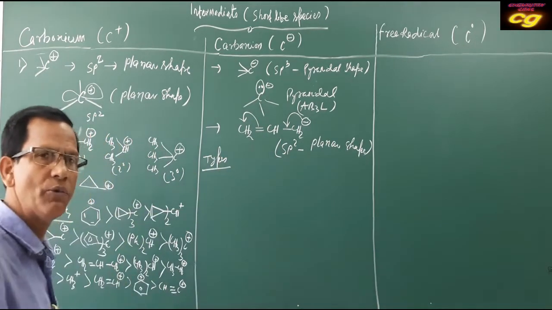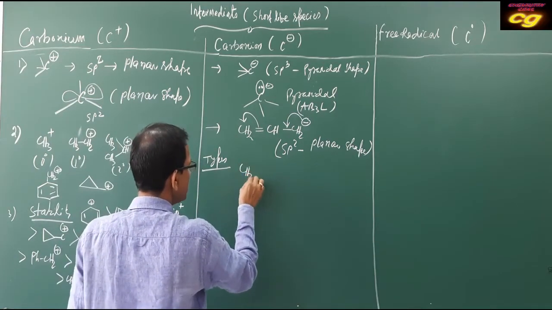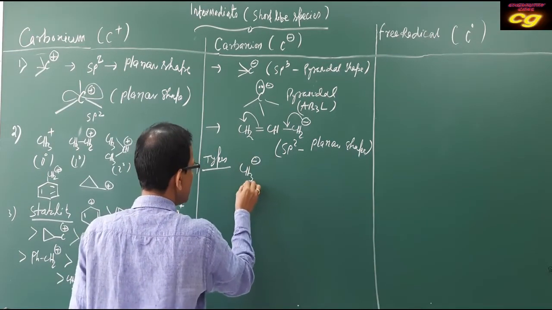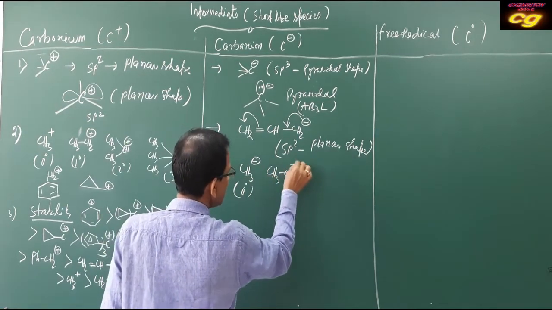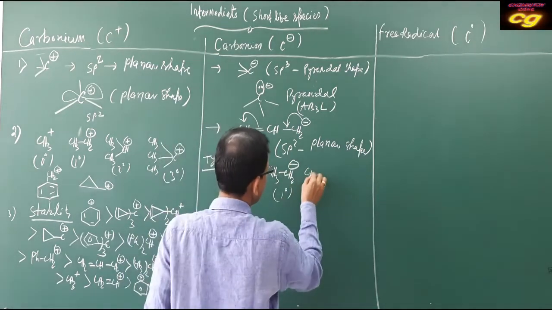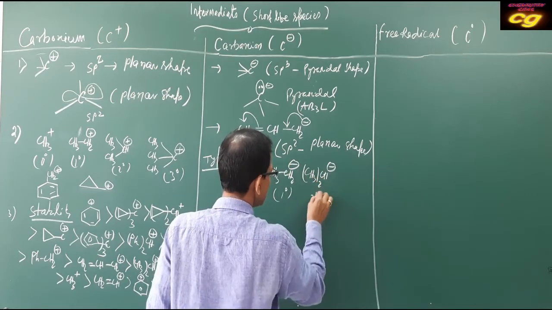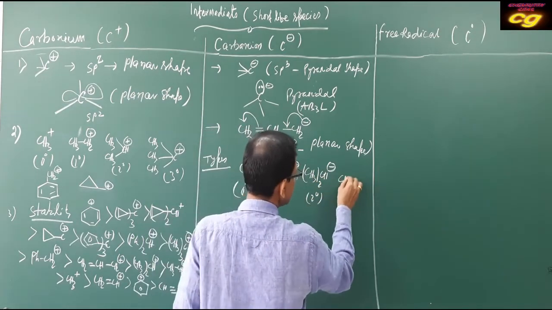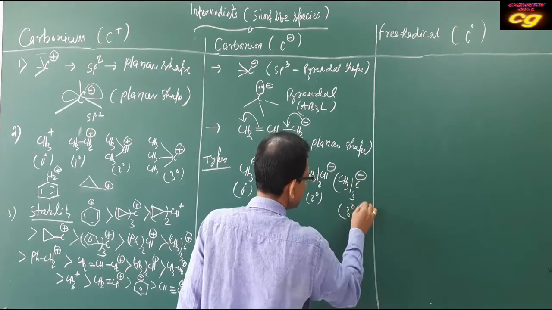Same as carbonium, it is also CH3 minus, that is 0 degree, and CH3CH2 minus, that is primary, 1 degree, and (CH3)2CH minus, that is 2 degree, and (CH3)3C minus, that is 3rd degree.